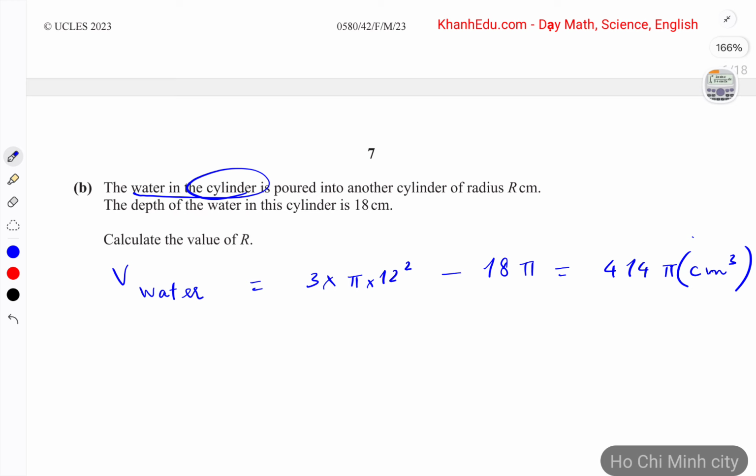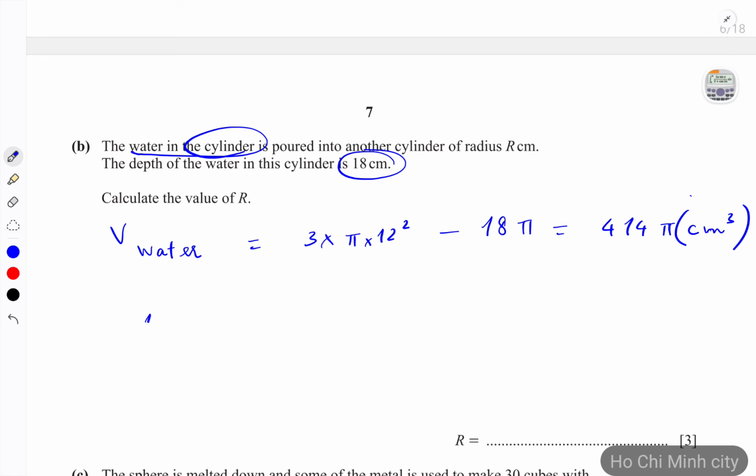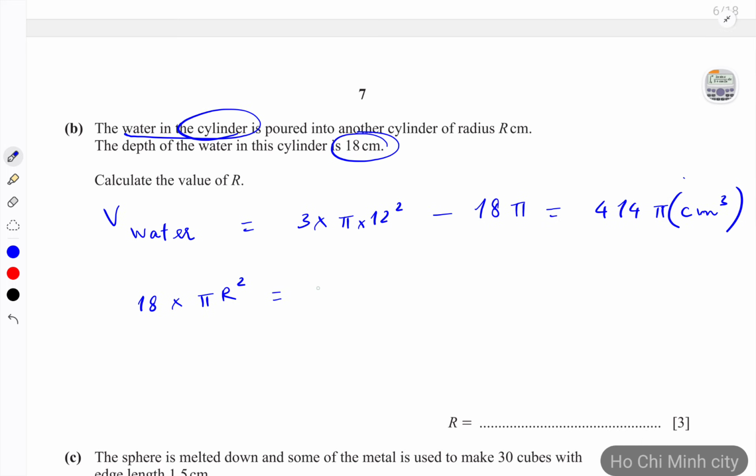So now, because another cylinder has the radius of r centimeters, and we also know the depth of the water in this cylinder is 18 centimeters, it means that we can apply the formula for calculating the volume of the cylinder, which is the height, the depth of the water, multiplied by the base area, which is pi R squared. And this one is equivalent to 414 pi.